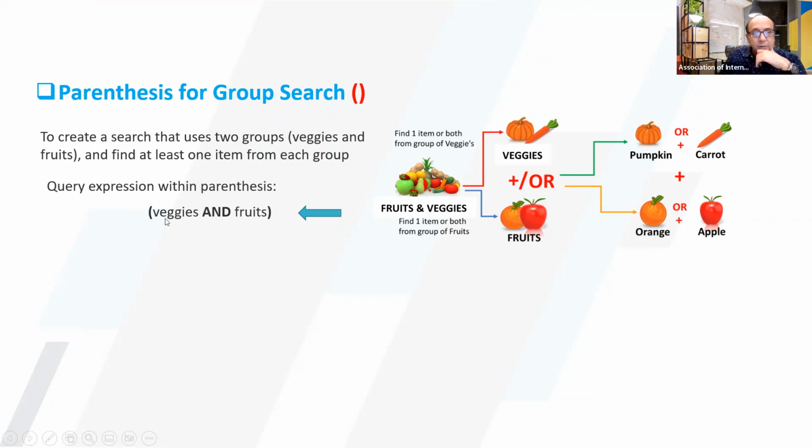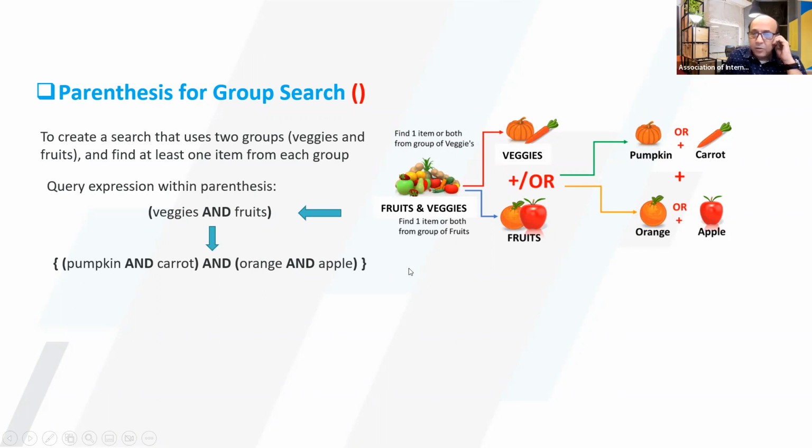The expression would be veggies and fruits, because this is what the basket has. This is a population or the combination of two different groups. Out of these groups, you want to run a query to find pumpkin and carrot as one group. Not find yet, but let's say it is separated now. Veggies and fruits are further broken down as pumpkin and carrots and orange and apples. This is how you're going to write it.